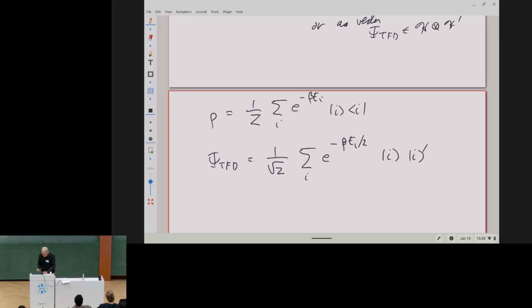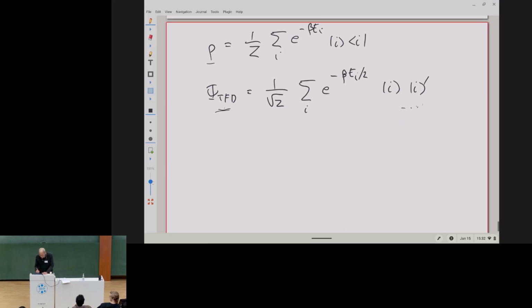If you take this formula for psi TFD, then following standard reasoning, you'll see that the corresponding density matrix is rho, so that psi is indeed a purification of rho.